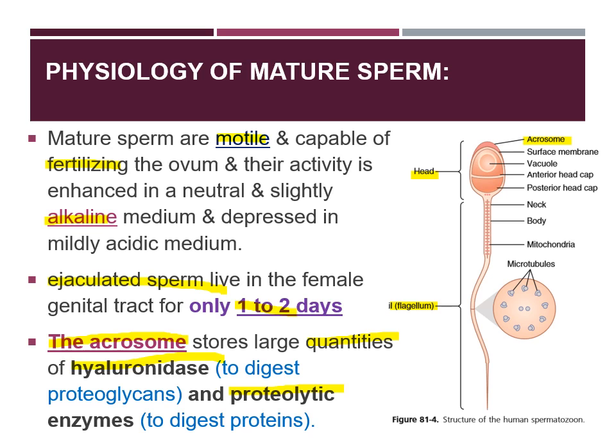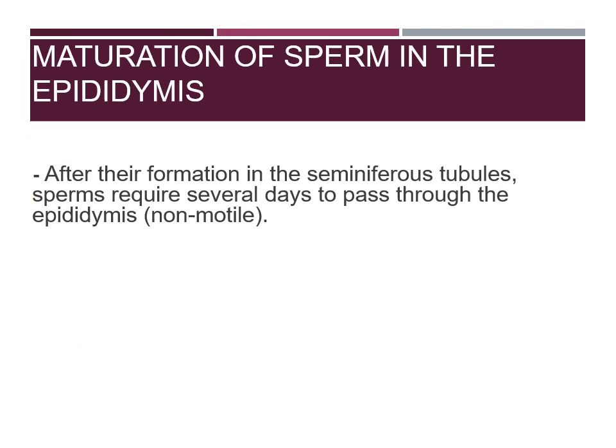Also, the tail contains neck and body structures. They contain mitochondria as well as microtubules, which facilitate the sliding movement that allows a back and forth movement of the flagellum or the tail of the sperm, which facilitates the motility of the sperm.